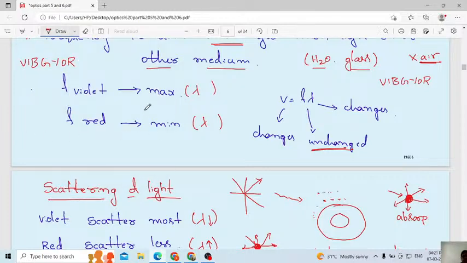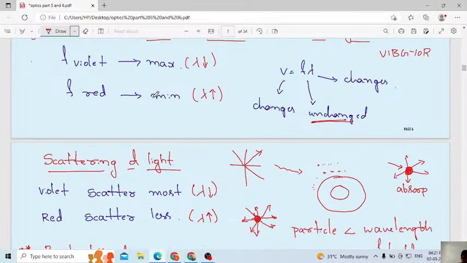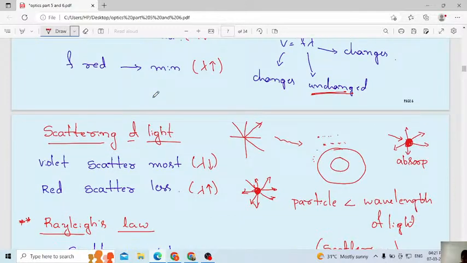Red light wavelength is more, and violet wavelength is less. Because of the less wavelength, the frequency will be maximum. Then move to the next one.